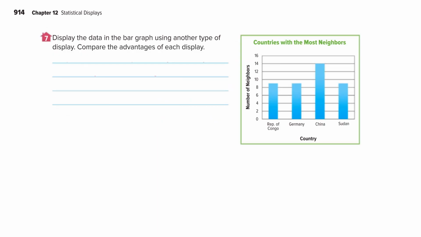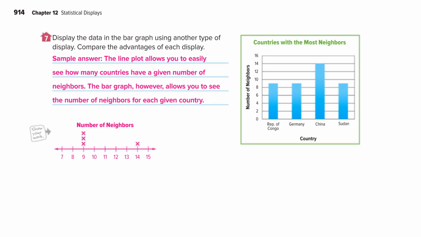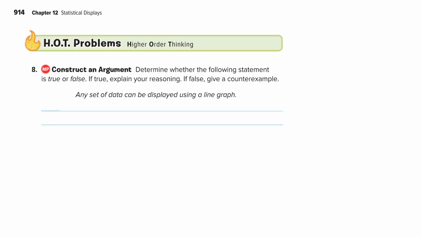Question number 7. Display the data in the bar graph using another type of display. Compare the advantages of each display. We can create a line plot for the data as well. Question 8. Construct an argument. Determine whether the following statement is true or false.